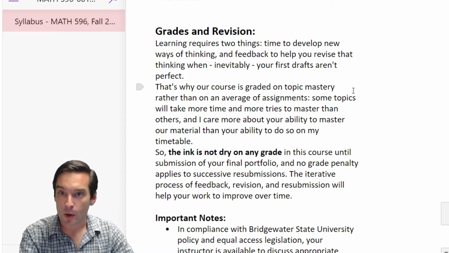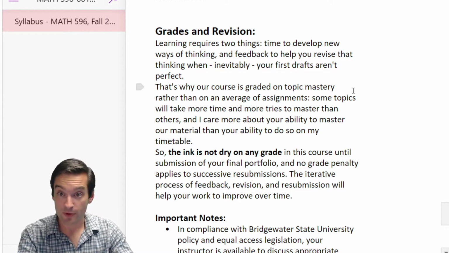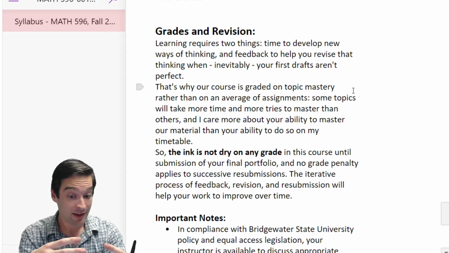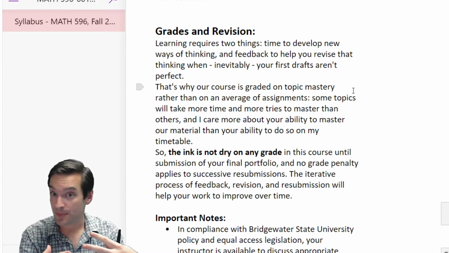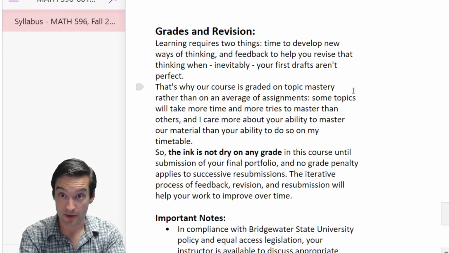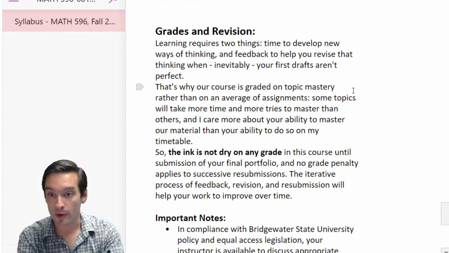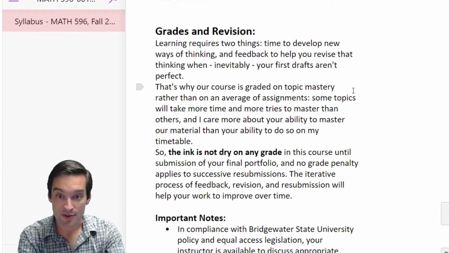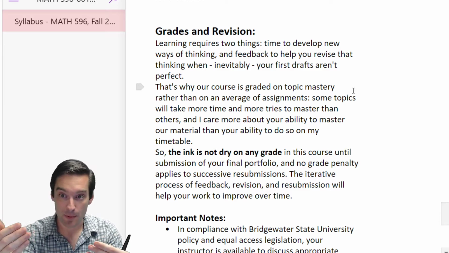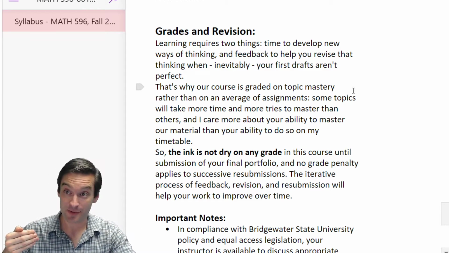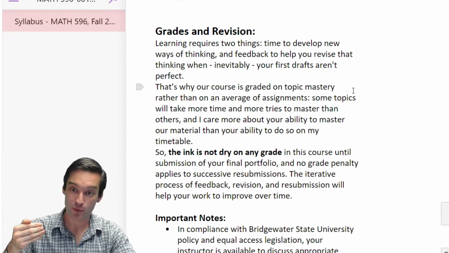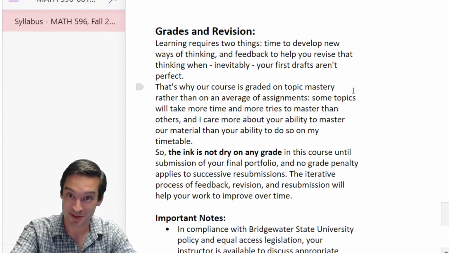I also adopted OneNote for us this semester because logistically it gives us a much easier way to do that. It gives us folders that you and I can always look at and share, that you can always be updating, and where we can always be in conversation right there inside your folders. That's as opposed to Blackboard or other LMSs, Schoology, Moodle, anything, where you submit an assignment that is then lost to you until I grade it, and then it comes back to you, and that's the end of the story.